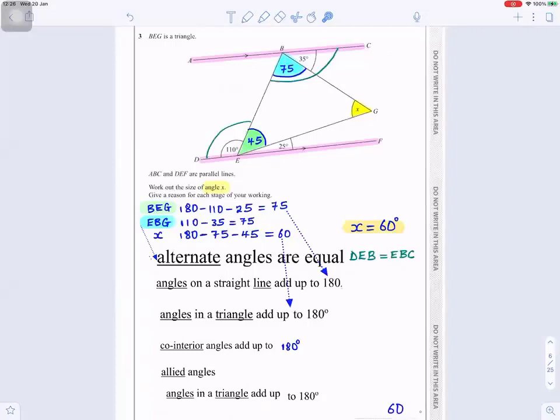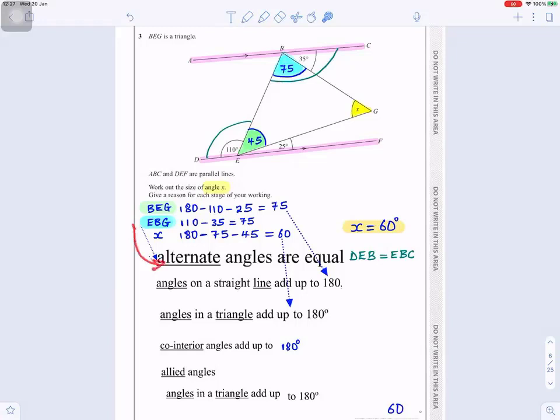So this is how you will write out your answer. Angle BEG is 180 minus 110 minus 25, which is 75 degrees. The reason is angles on a straight line add up to 180 degrees. EBG is 110 minus 35, which is equal to 75.